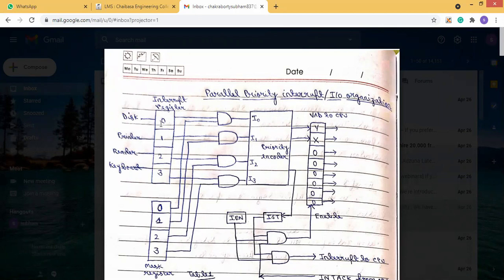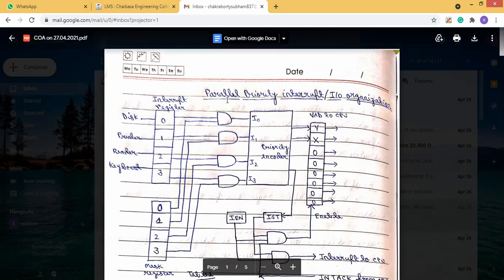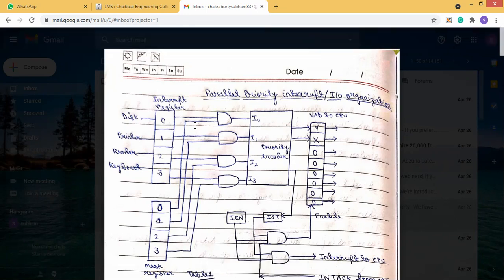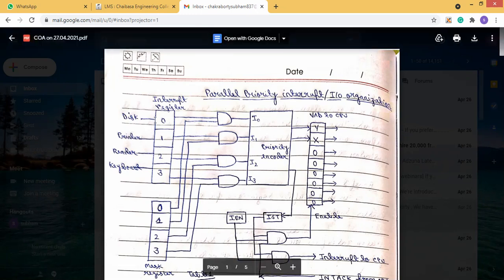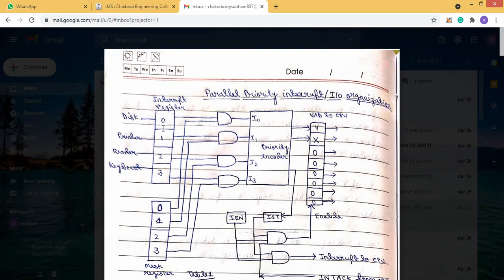So here we are using 4 input output devices, and these 4 devices are connected to the interrupt register. Among them, disk has the highest priority and keyboard has the lowest priority.